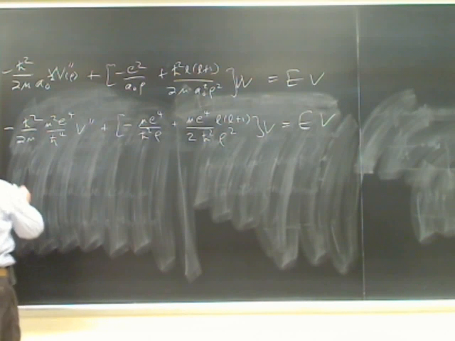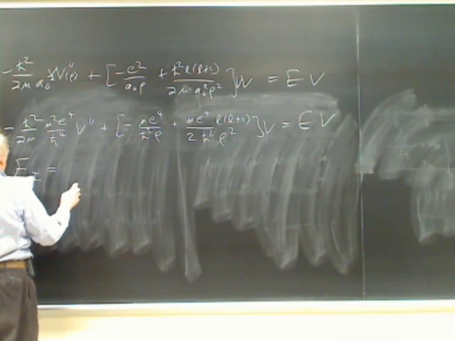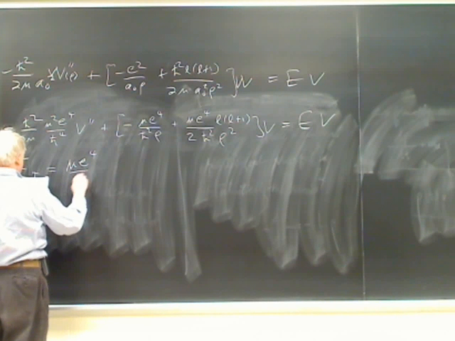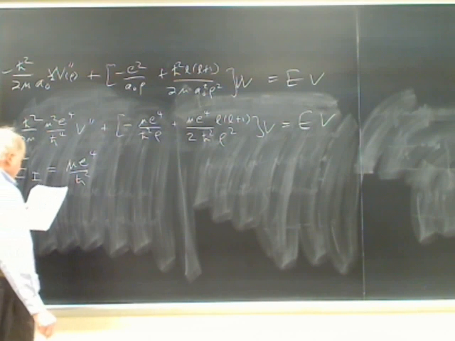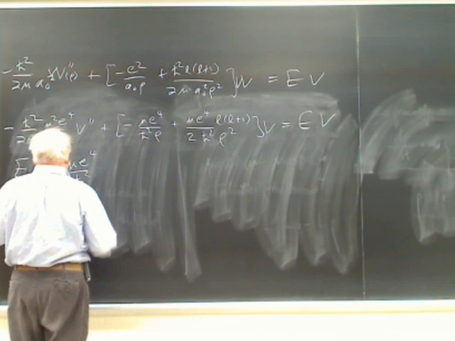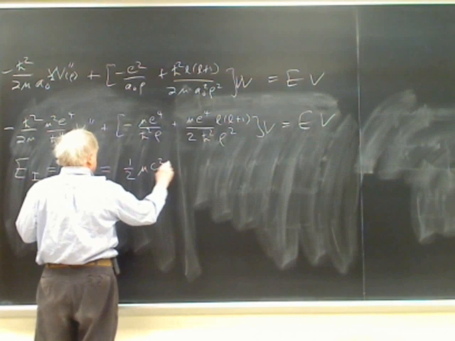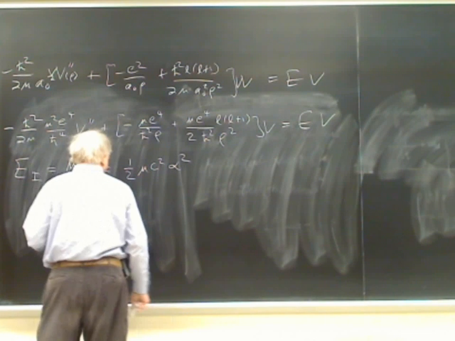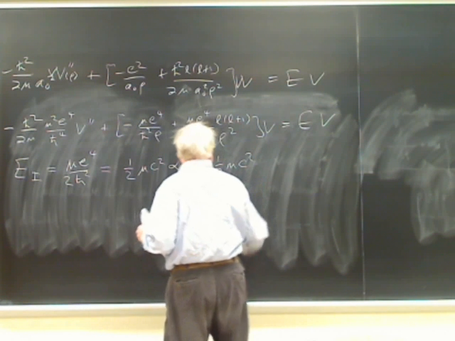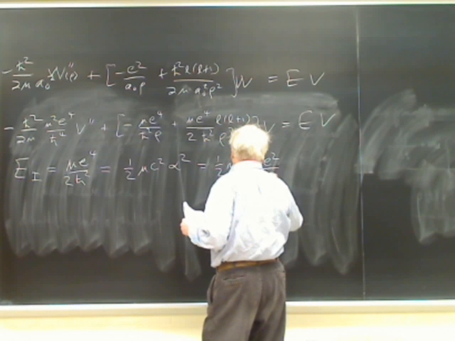And if we define the ionization potential as mu e to the fourth over h bar squared, actually over 2 h bar squared, this can also be written as a half mu c squared alpha squared, since alpha is e squared over h bar c.